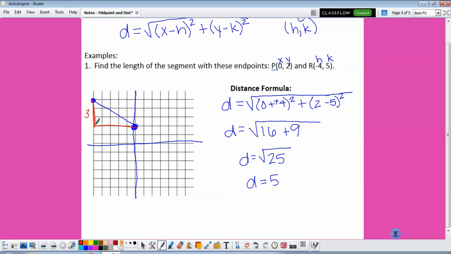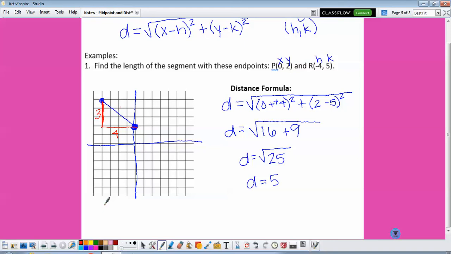This side of the triangle has a length of 1, 2. Oops, I marked that in the wrong spot. I miscounted. 0, 2, negative 4. 1, 2, 3, 4. 1, 2, 3, 4, 5. There we go. Sorry. So this side of the triangle still has a length of 3. This side of the triangle has a length of 4. And we want to know this side.